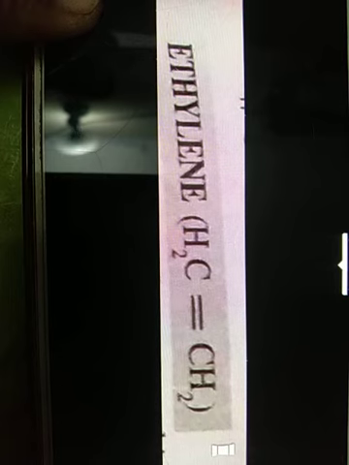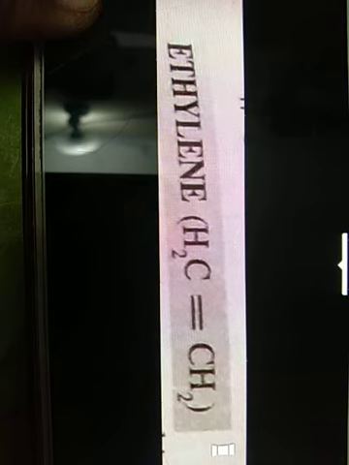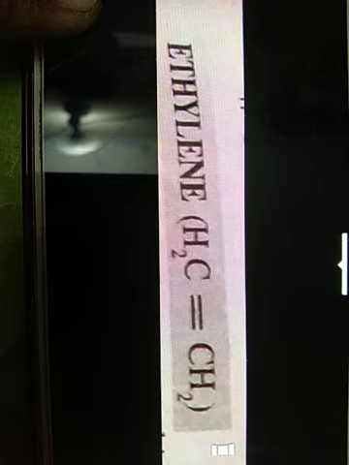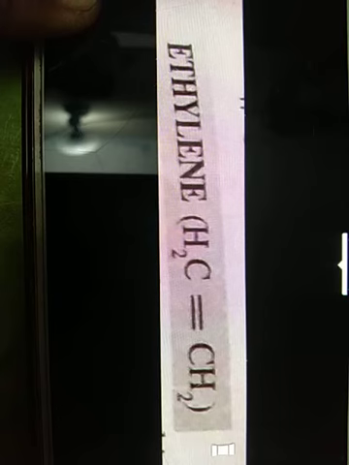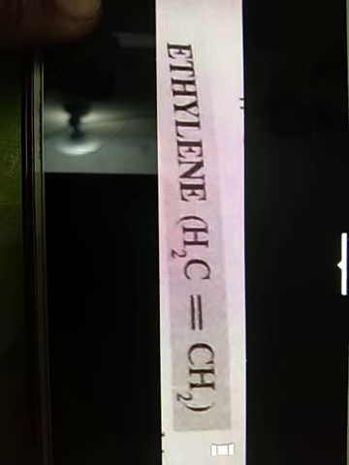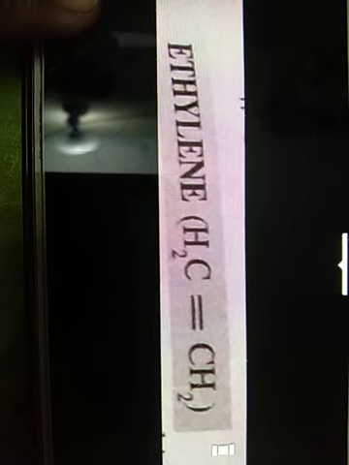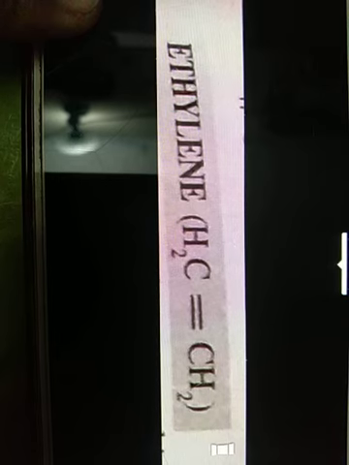In aqueous solution, ethephon is readily absorbed and transported to various parts. It releases ethylene slowly.